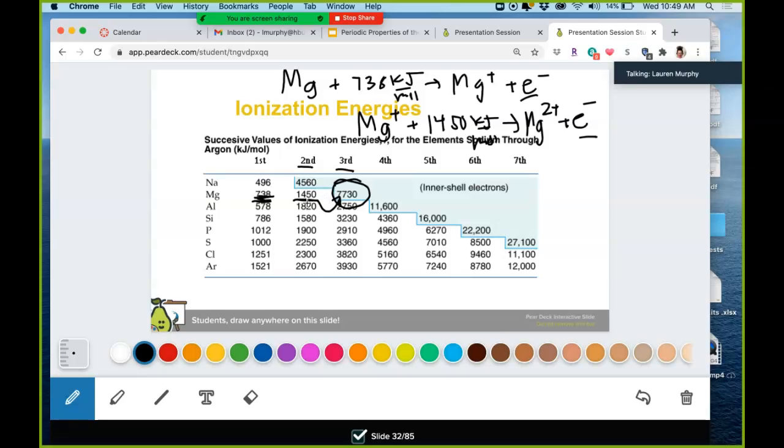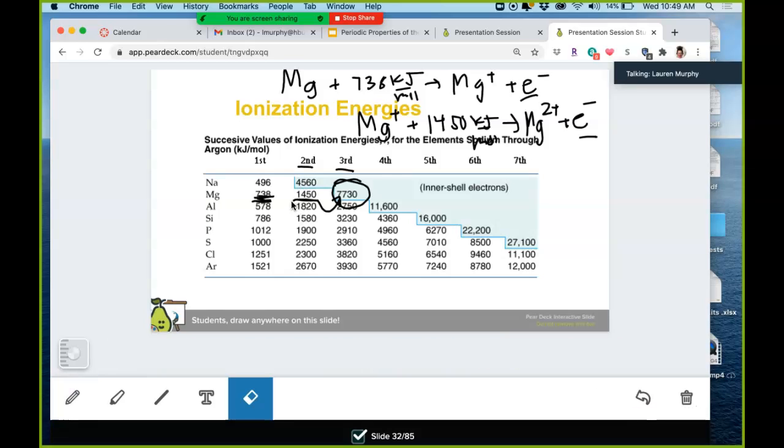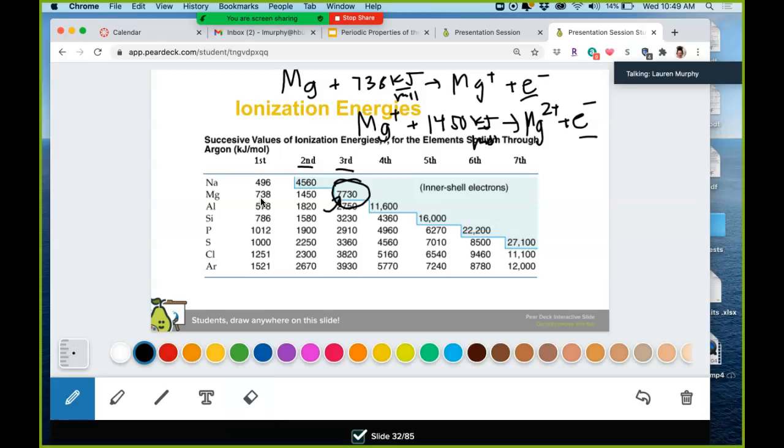Now, I do want to go over something real quick. Why is it harder to remove the second electron from magnesium than it was the first one? Does anybody know?